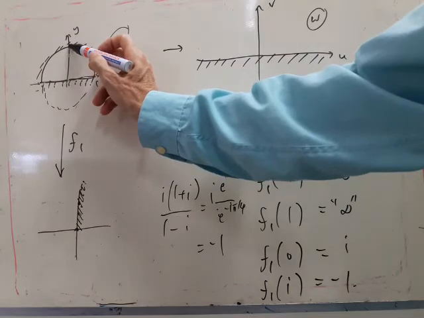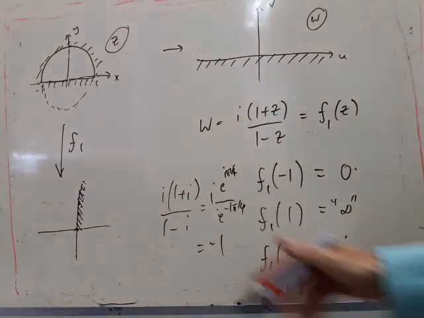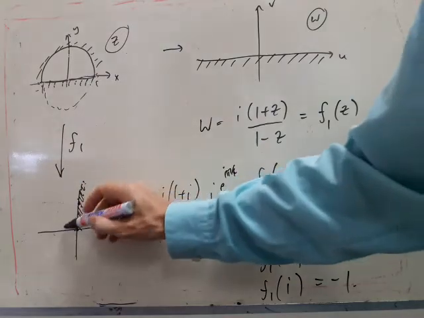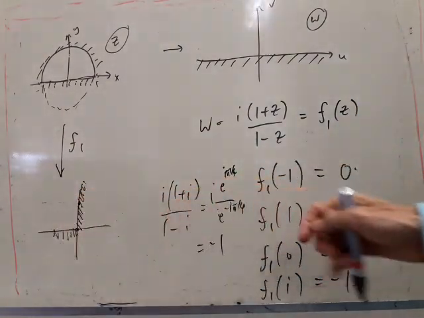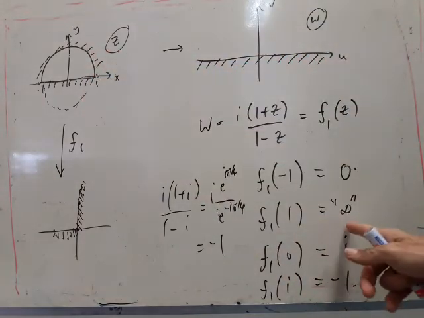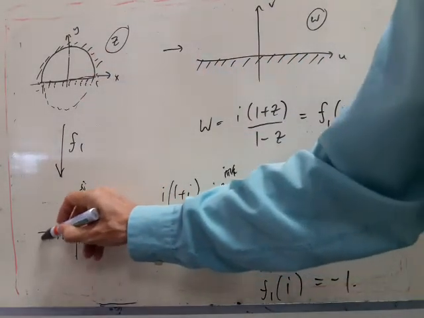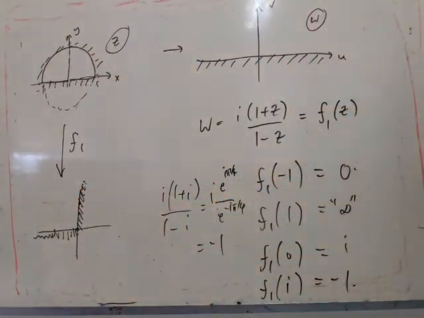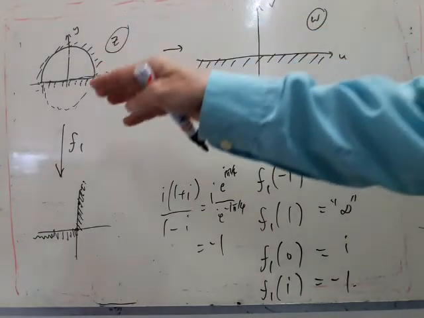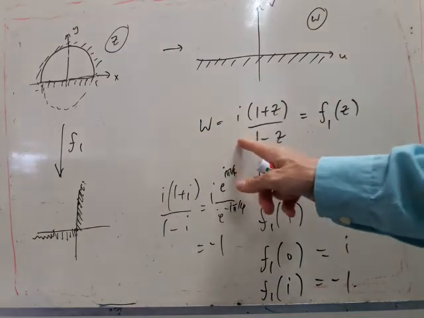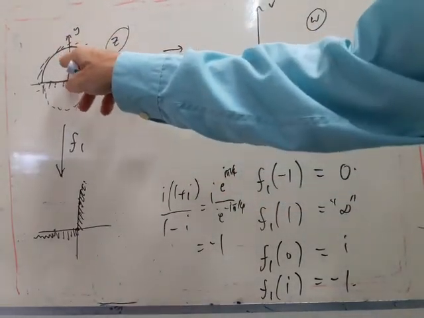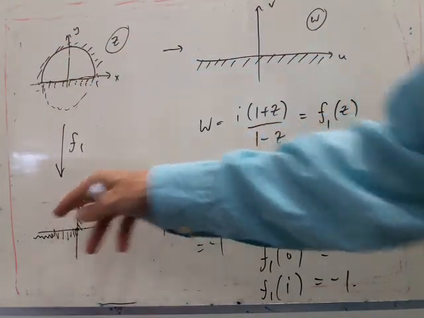At this point, i gets mapped to minus 1, so I go along here, this is minus 1, and then I carry on to 1, which is the point at infinity. So at the moment, this transformation F1 will map the semicircle onto this region here.